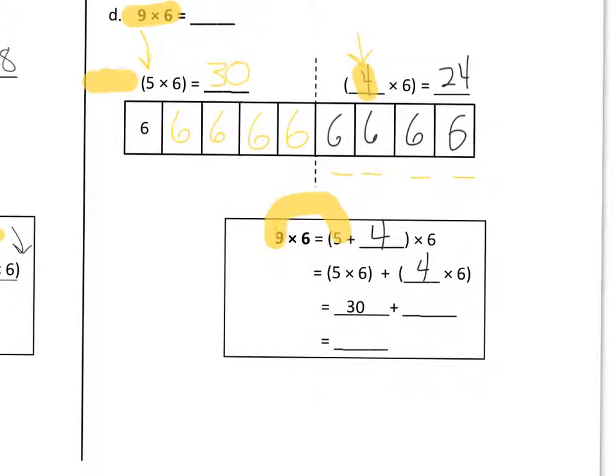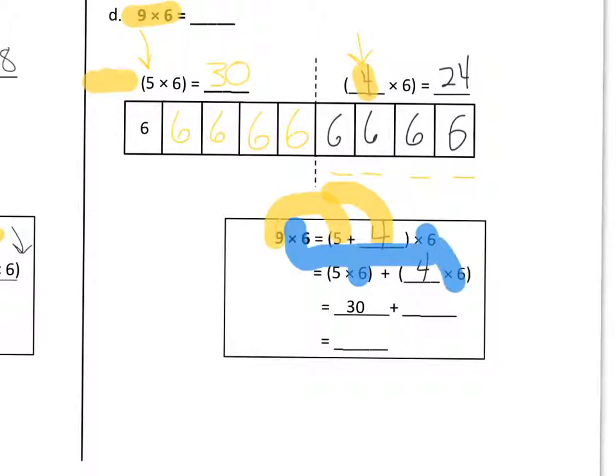So that 9 gets broken into 5 and 4. Oops, I don't like that color. 5 and 4. That times 6 is going to stay the same throughout the whole thing.